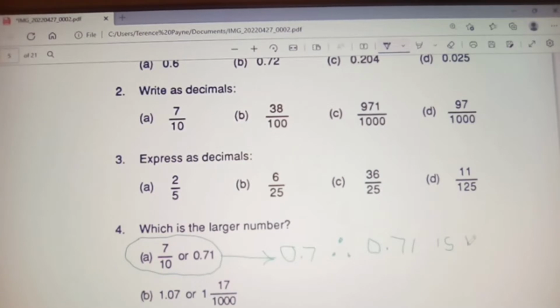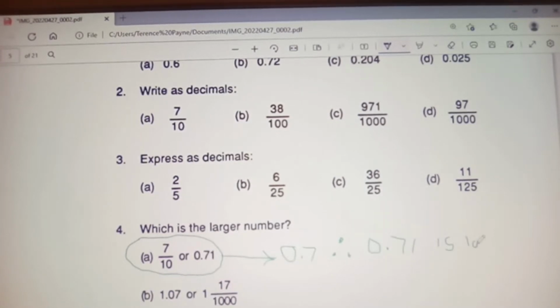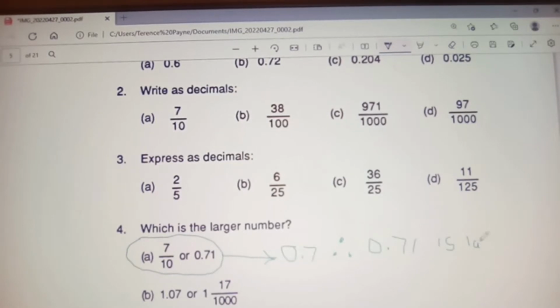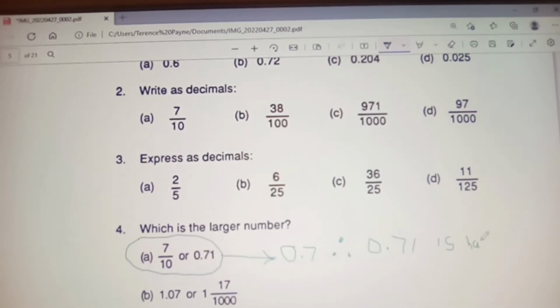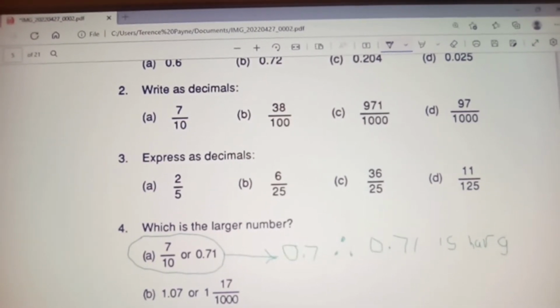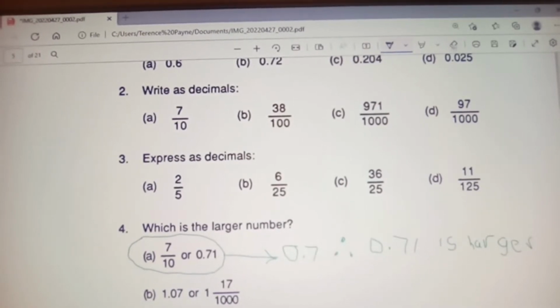Is larger. And let me get the rubber and rub this out.